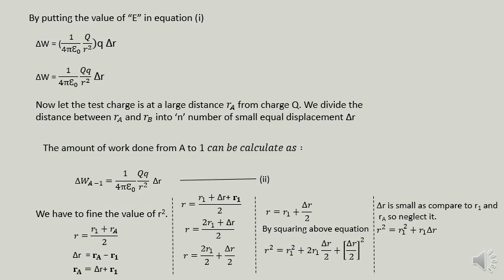The result will be R square equals R1 square plus R1 delta R, and by putting the value of delta R, which is RA minus R1, we get R square equals R1 square plus R1 RA minus R1 square. We cancel R1 square with R1 square, and the result will be R square equals R1 RA.